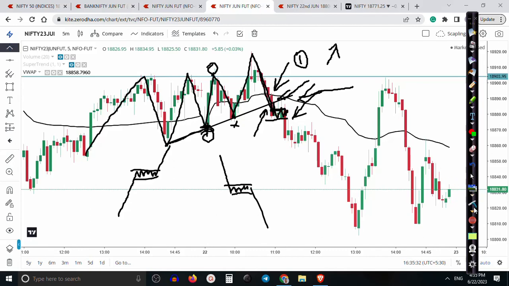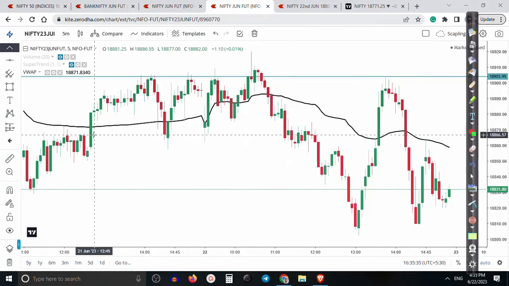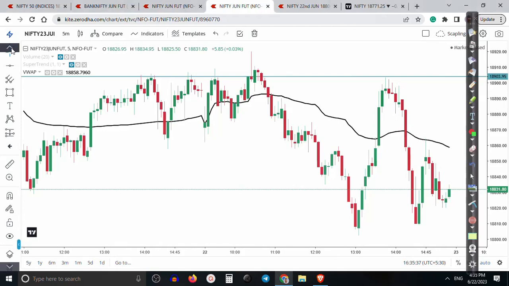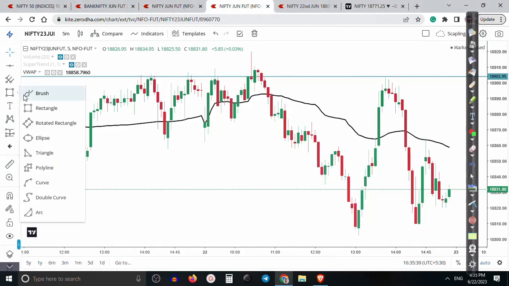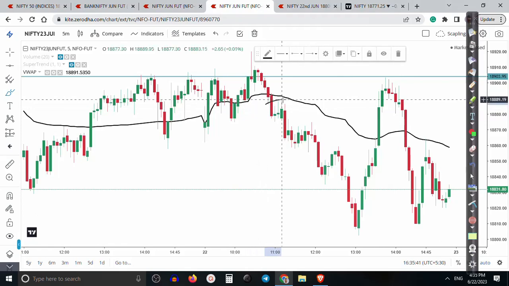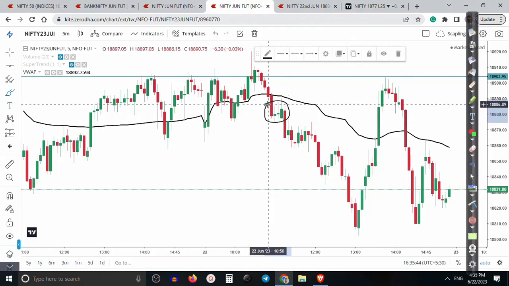Let me show you in a smaller time frame, like the 1 minute time frame. Now you can see, let me make a circle in this area, what activity was going on in this area. So let's zoom to the 1 minute chart.